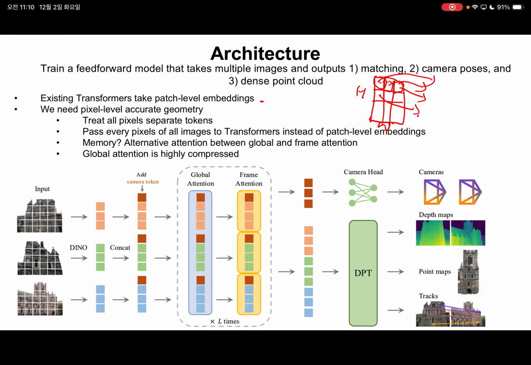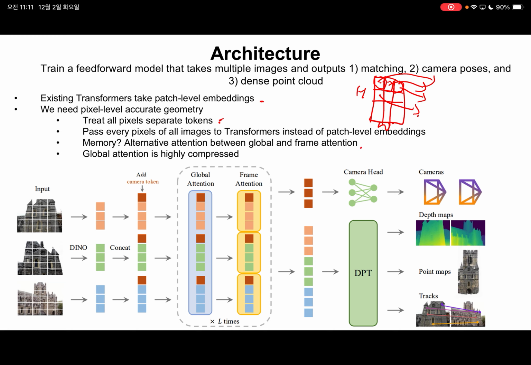Instead of this kind of patch-level embedding, VGGT provides each pixel separately instead of making a local patch. It treats all pixels as separate tokens and passes every pixel of all images to the transformer. Because for geometry we need sub-pixel accuracy, patch-level embedding might hurt geometry accuracy. So to get sub-pixel accuracy, this paper passes every pixel of all images to the transformers.